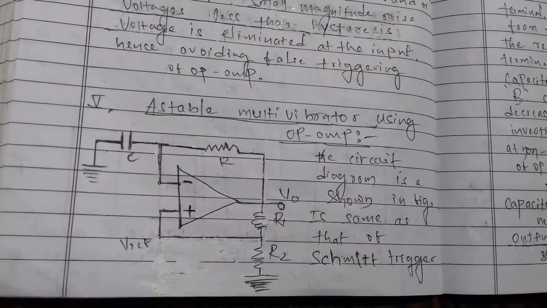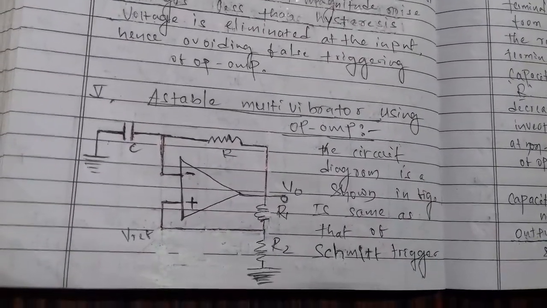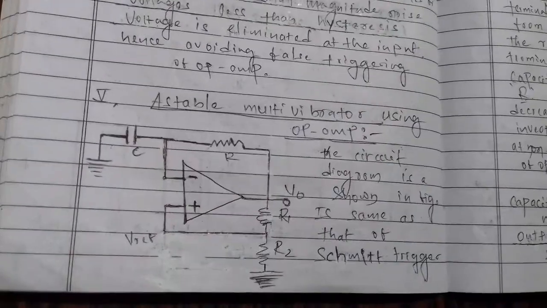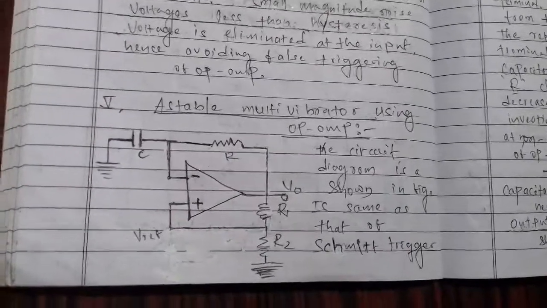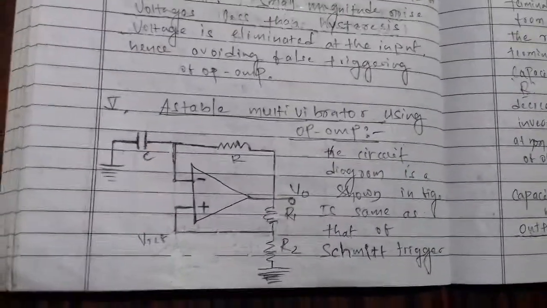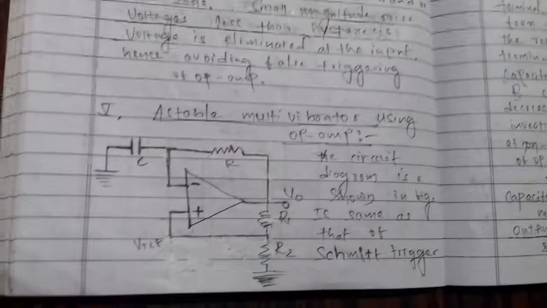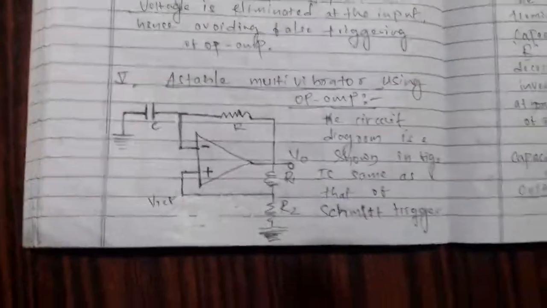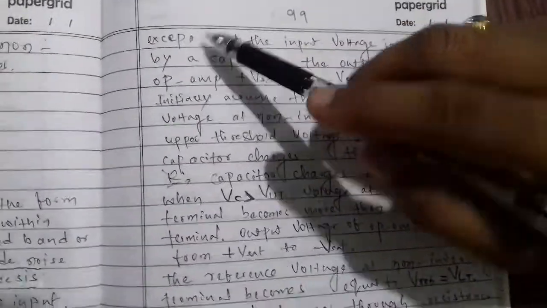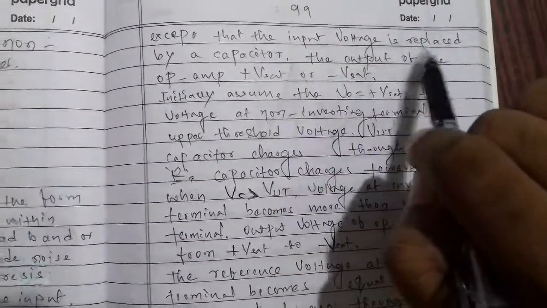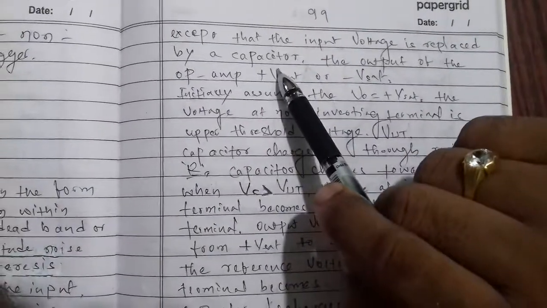The circuit diagram shown in the figure is the same as that of the Schmitt trigger, except that the input voltage is replaced by a capacitor.